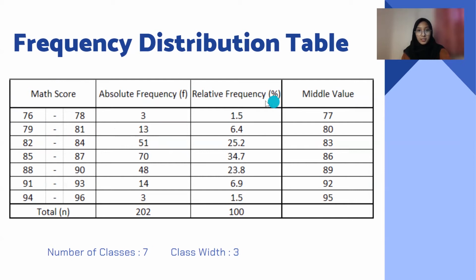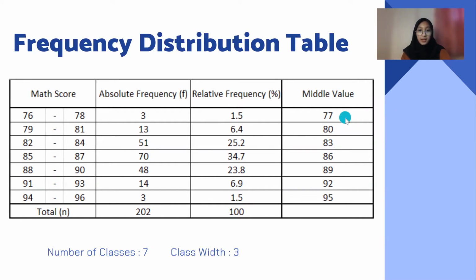And the third one, this is the relative frequency, which is in percentage form. By dividing the absolute frequency by the total and multiplying by 100%, we will find these relative frequency values. And if we sum all the frequencies, the total will be 100%.